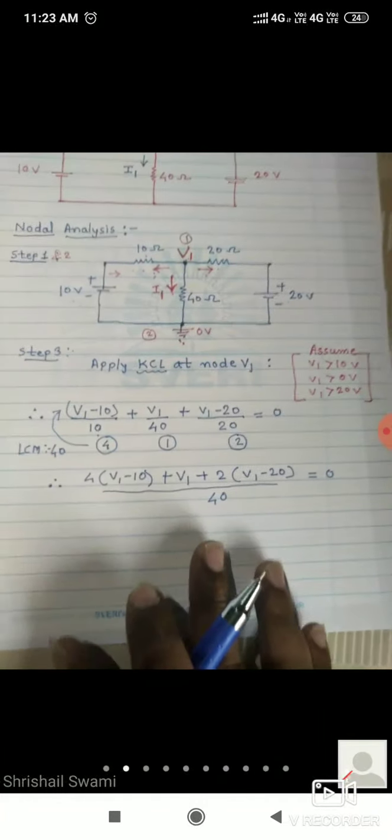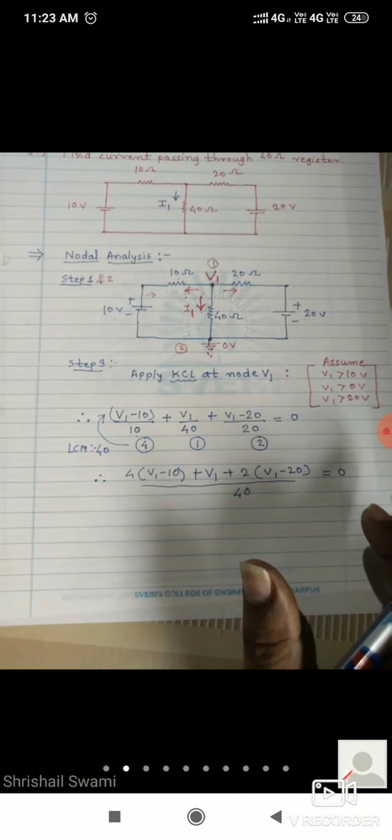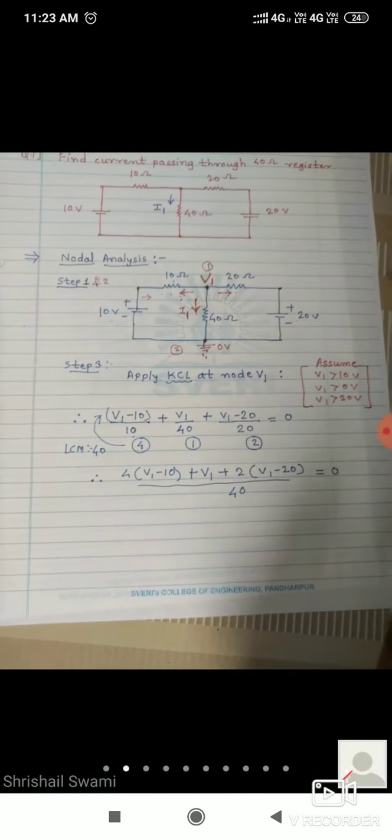So divided by 40 is equal to what? Equal to 0. The 40, if it goes to the right hand side, becomes 0. Okay, so now solve the left hand side. 4V1 minus 40 plus V1 plus 2V1 minus 40 is equal to 0, as 40 goes to the right hand side.